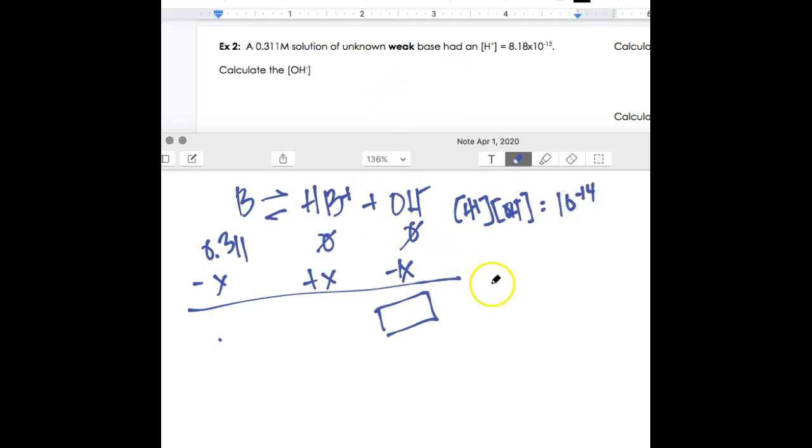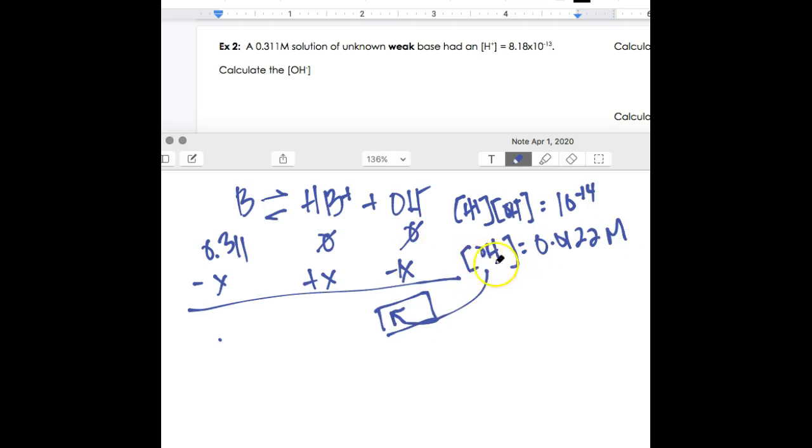When you plug in 8.18 times 10 to the negative 3 in here, OH is going to equal 0.0122. Okay, so that goes here.